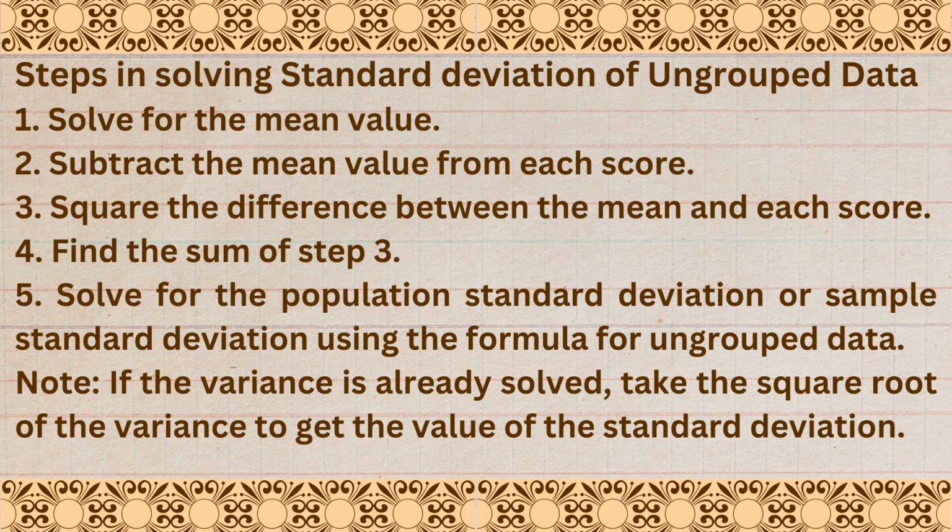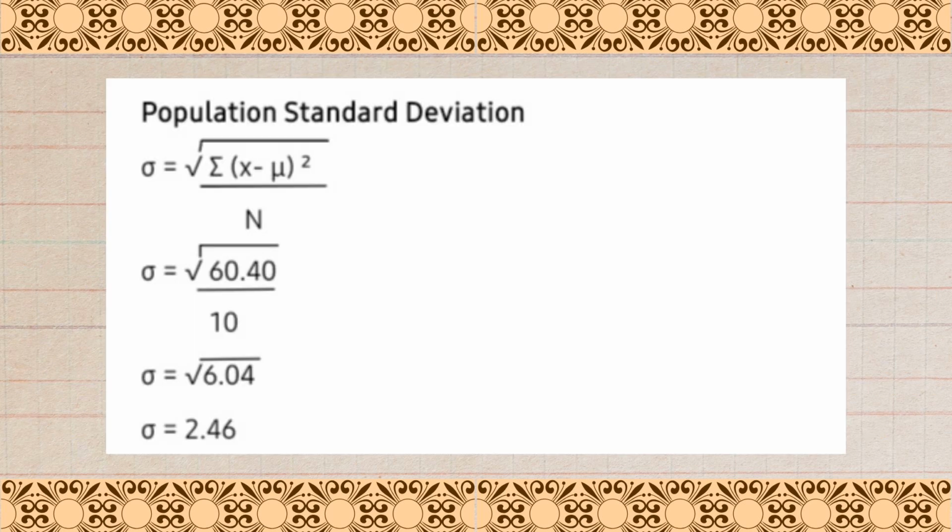standard deviation. To solve the population standard deviation of ungrouped data, we use the formula: population standard deviation is equal to the square root of summation of individual data values minus population mean squared, divided by total number of data points in the population.